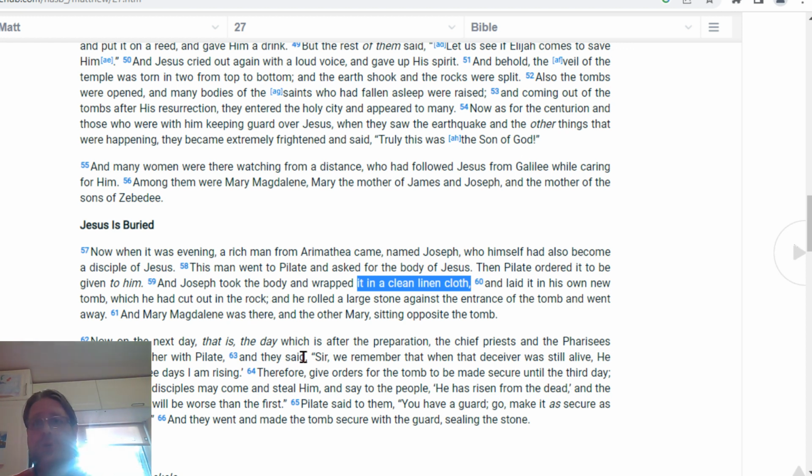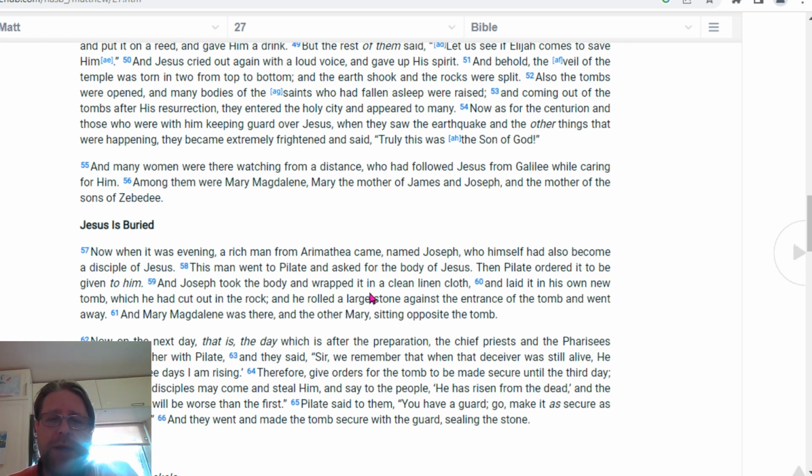So picture a rock, a cliff face, and this pit had been cut into it. And they rolled a large stone against the entrance of the tomb and went away. Mary Magdalene was there, and the other Mary, sitting opposite the tomb.